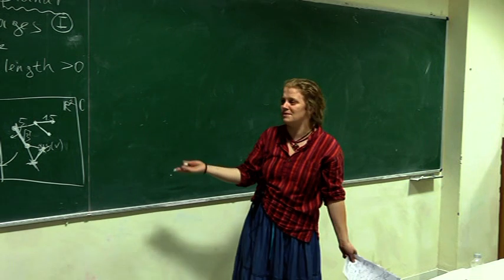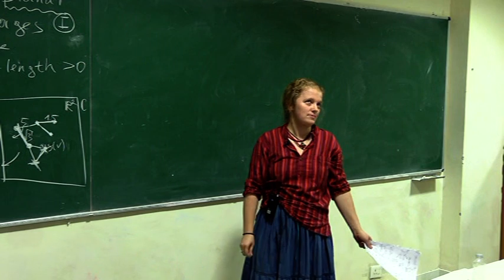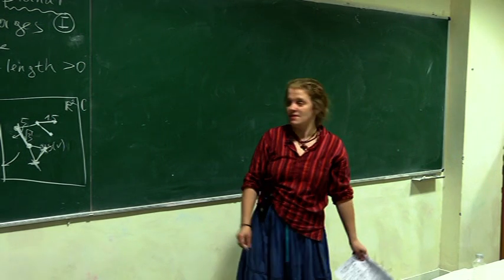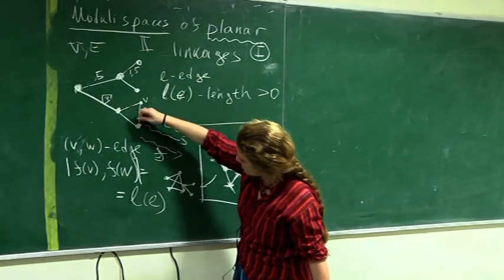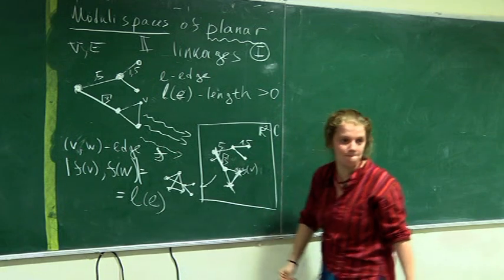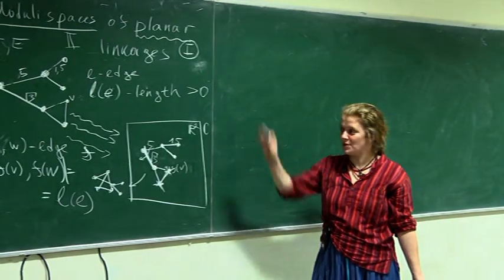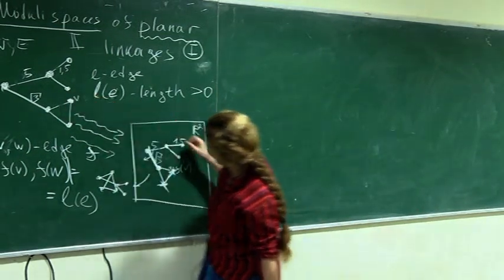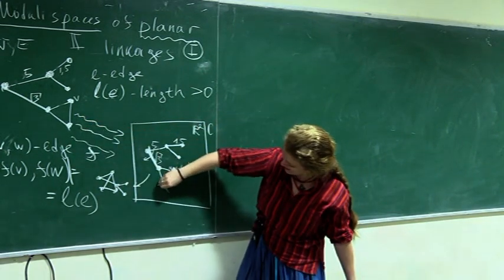So the domain of this map is a metric space? No, only the vertices. Forget about the metric space. We just take a vertex and place it somewhere on the plane, take another vertex and place it on the plane, and so on.